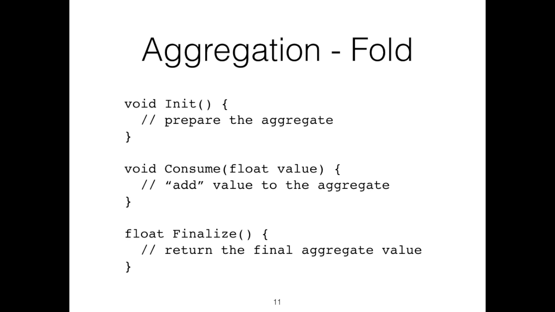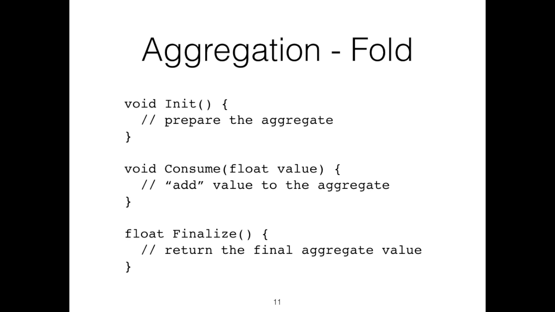If you're familiar with functional languages, this is sometimes referred to as a fold. The basic idea is that you start off with some value, you initialize all of your counters, and then every single tuple that you see, you incorporate it into those counters. And then at the end, you may need to do some extra computation to produce an actual output.